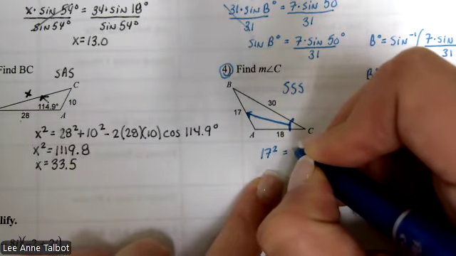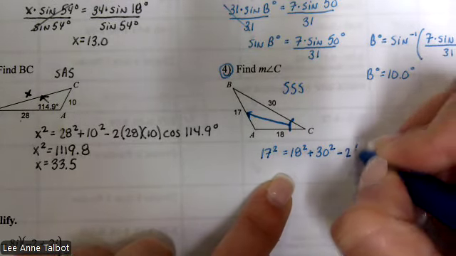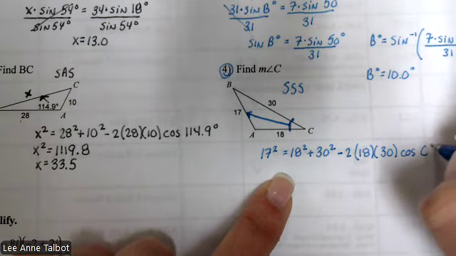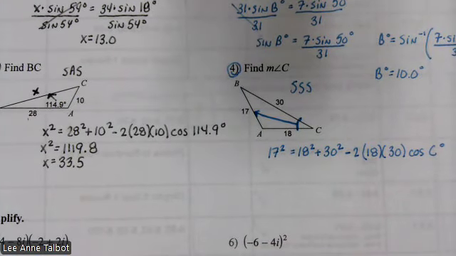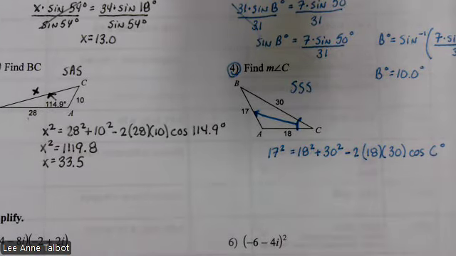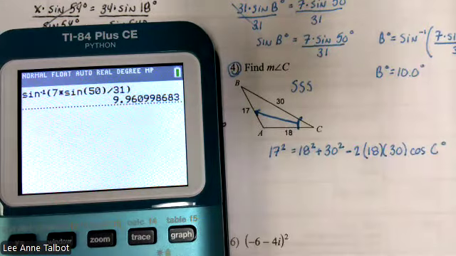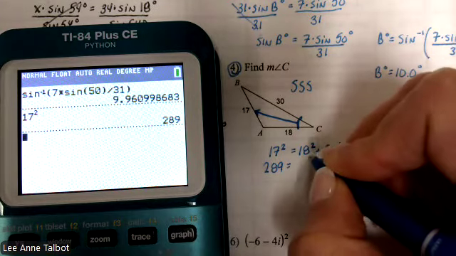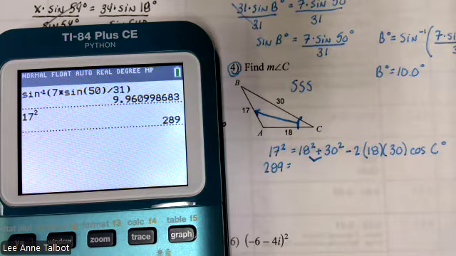17 squared equals 18 squared plus 30 squared minus 2 times 18 times 30 cosine of C. Okay. Now, if you're going to mess up this problem, it's going to be order of operations. So we start with the 17 squared, which is 289. And then I like to put little brackets right there to show that I'm going to combine those two, 18 squared plus 30 squared.